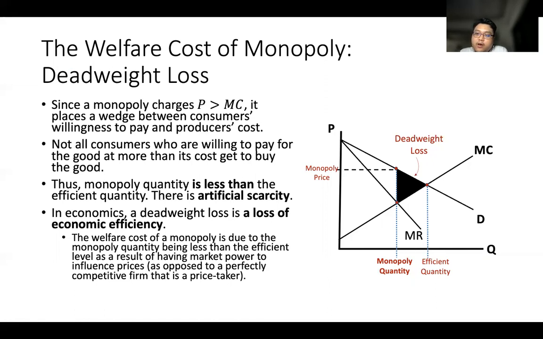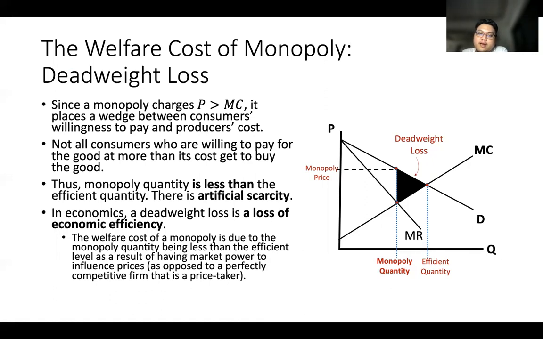Remember, a price increase has effects on consumer surplus. There are people who are not willing to buy at that price. So even if there's no scarcity at all, because the price is increased, the output that can be sold but is not sold is an artificial scarcity.